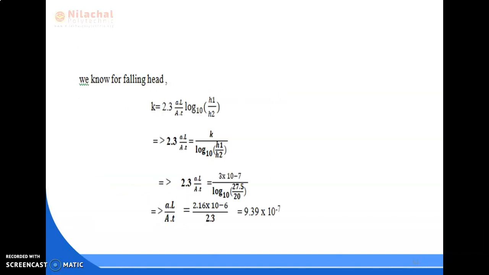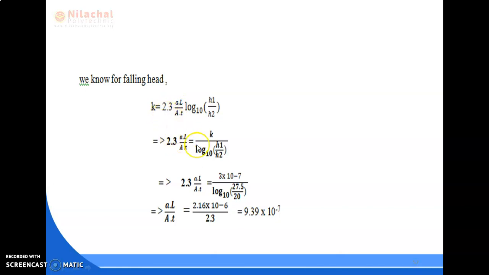We know for the falling head test, K equal to 2.3 aL by At log base 10 H1 by H2. Here the K value is given, A value, t value, H1 value, H2 value, everything is given, L value also given. Only the unknown is small a. So here our duty is to find a.